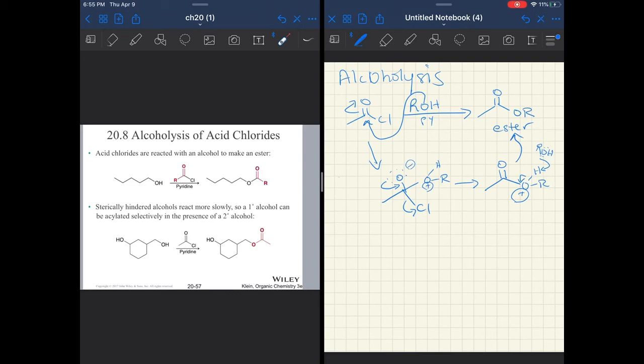Something that you guys have to pay attention to is what functional groups are reacting. We have an acid chloride and an alcohol. It really doesn't matter which one is on the arrow and which one is off to the left. It's going to be an alcohol and an acid halide giving you an ester. The reason one might be on the arrow has to do with what you are interested in.